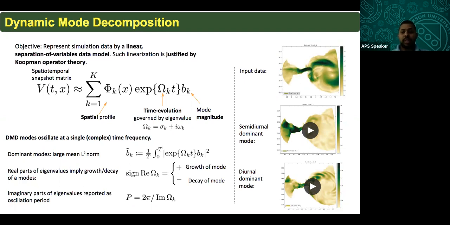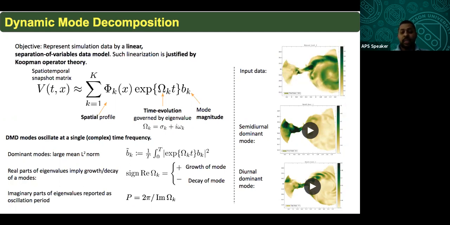For example, here we have the original data set. We have a lot of features there. We want to isolate some features like tides. For example, if we want to isolate the semi-diurnal tide, we check the imaginary part of the eigenvalue for the period.